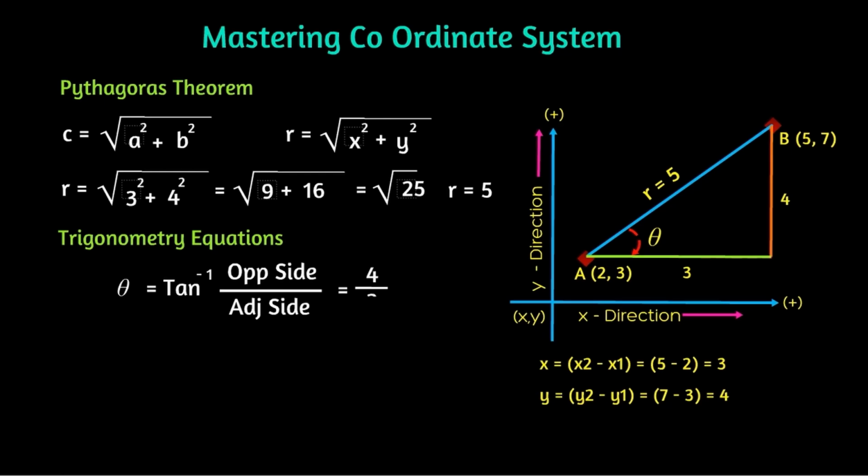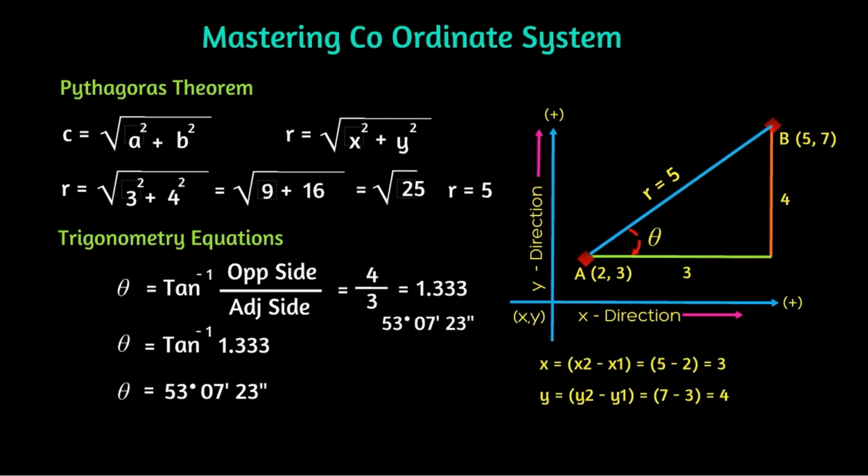So 4 by 3 equals 1.333. Now theta equals tan inverse of 1.333. Finally, theta equals 53 degrees 7 minutes 23 seconds. This formula helps surveyors find the direction or bearing of one point from another.